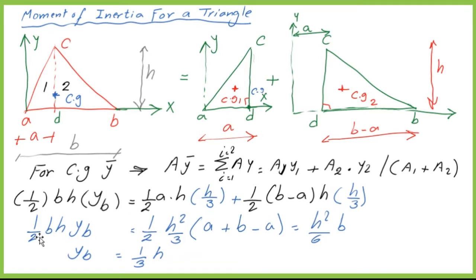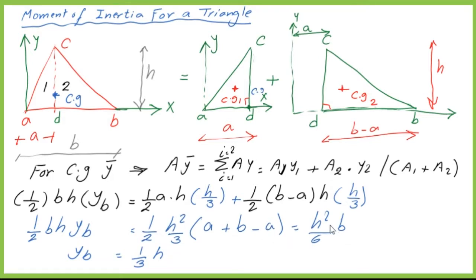So on the left hand side we have 1/2 b h y bar equal to, our common values are 1/2, and we have here h squared and also 3. We open one bracket. Inside that bracket we have a plus b minus a.